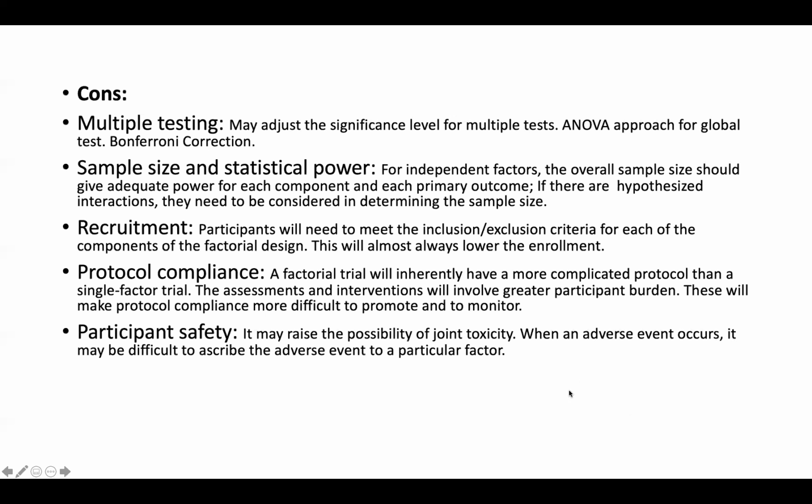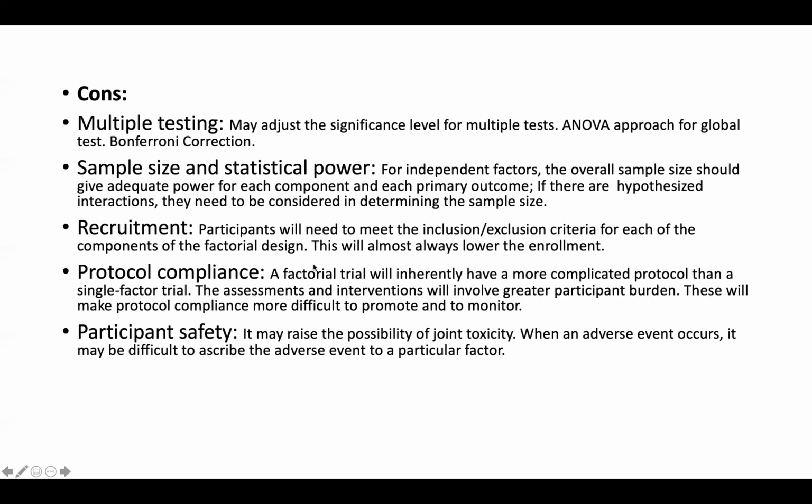Yeah, so we may also need to consider the sample size and statistical power when we use such a design. The sample size should be adequately powered for each component and each primary outcome of the factorial design. And also if the study assumed an interaction, it should be considered in determining the sample size.